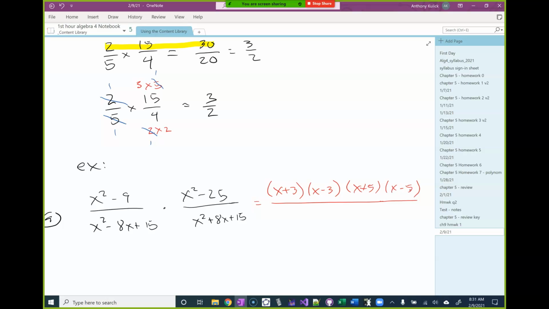Very good. Negative 3 and negative 5. And then x squared plus 8x plus 15. If you could do the previous one, this one should be easy. Positive 3 and positive 5. Yeah, very good.